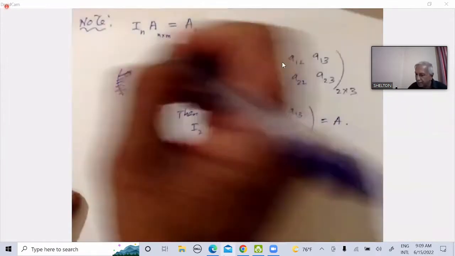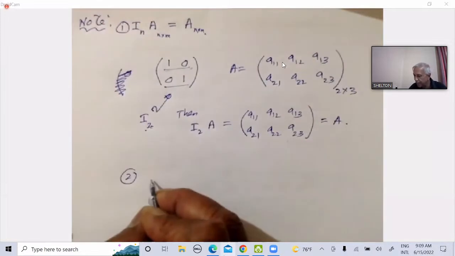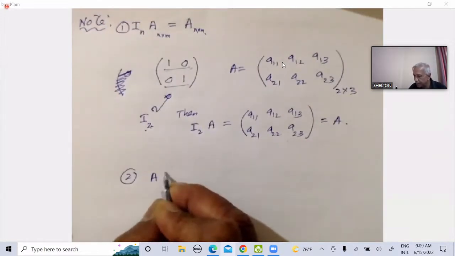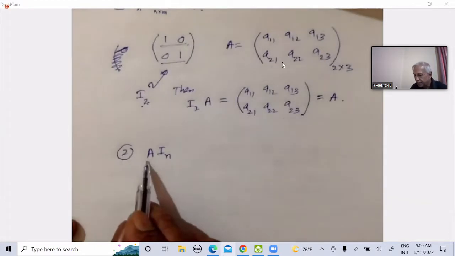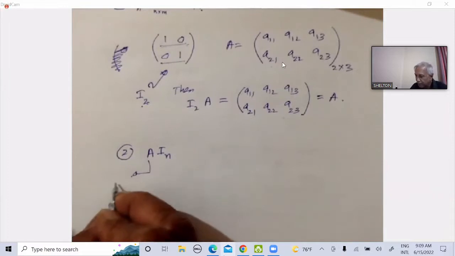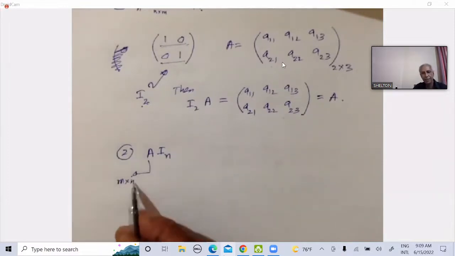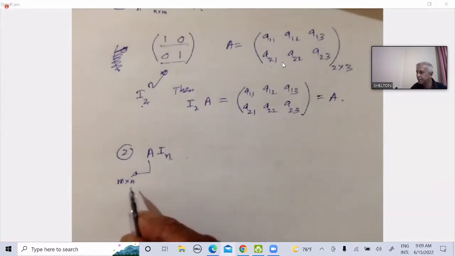Two, the same thing will happen if you do A times I_n. What do you think A times I_n is? What is the size of the matrix A? It should be m by n, and I_n is n by n. So m by n.